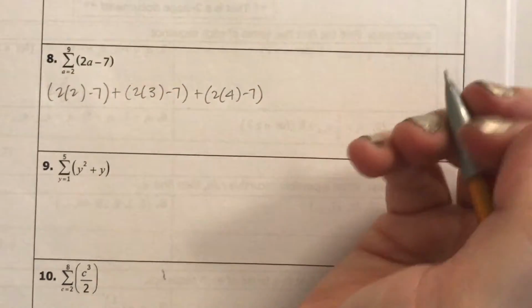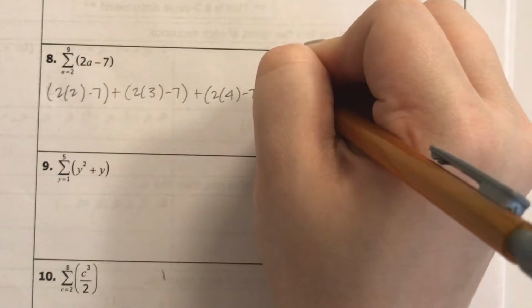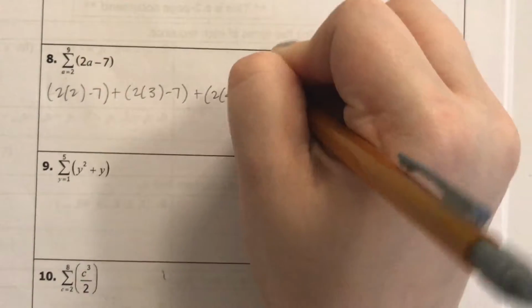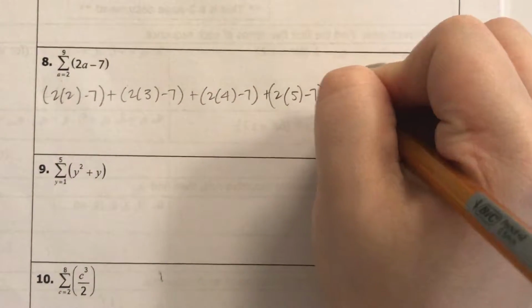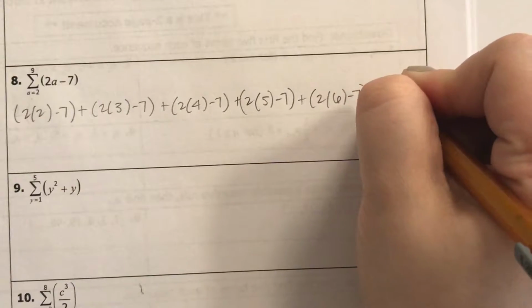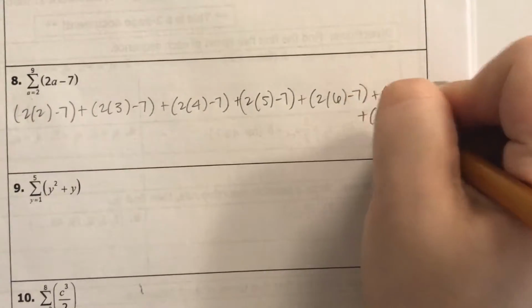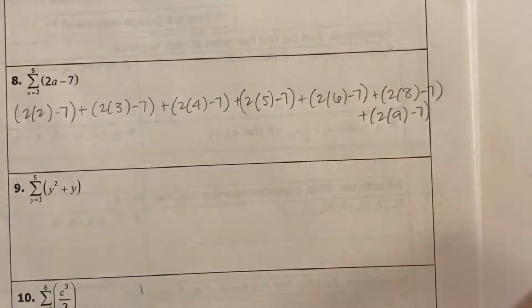It's helpful to write it out as a formula first and then figure out what all the numbers are. Plus 2 times 5 minus 7 plus 2 times 6 minus 7 plus 2 times 8 minus 7 plus 2 times 9 minus 7.